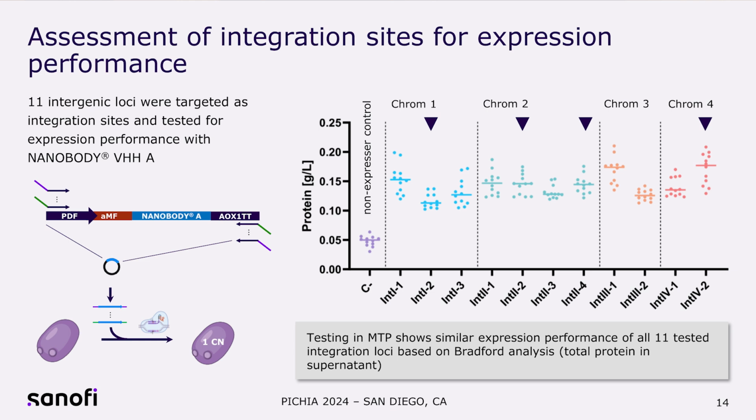And what we have seen is that the expression performance, when looking at different biological replicates, is pretty similar for the different integration loci that we had identified and tested in that approach. We then selected 4 of these integration loci based on the production performance that could be deduced from that, but also on the targeting efficiency.